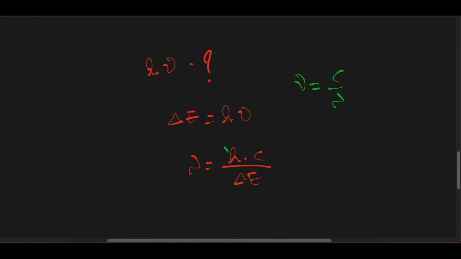Here Planck's constant is in joule second, the speed of light is in meters per second, and the energy is in joule. So we can cancel joule and second, and at the end we get a value in meters, which corresponds to the wavelength of the photon.